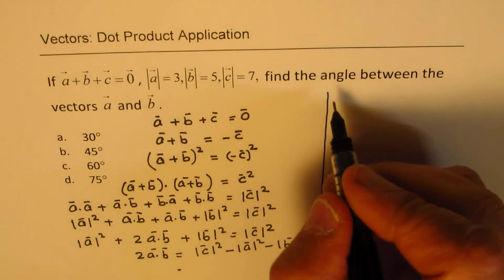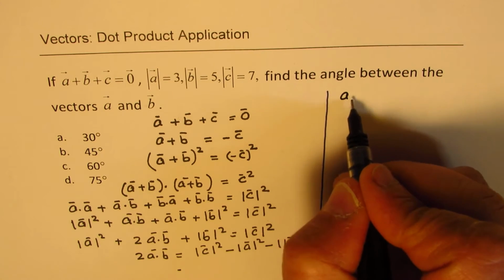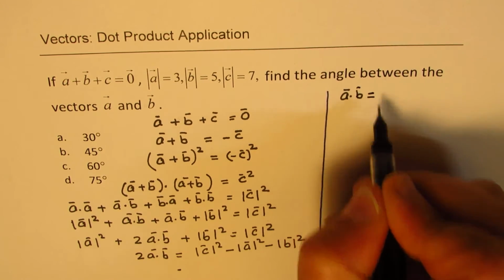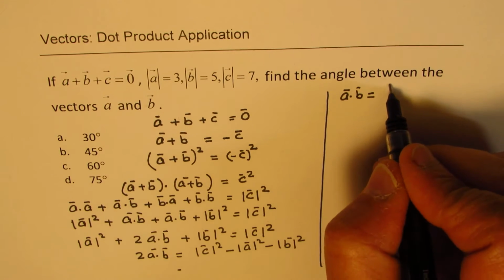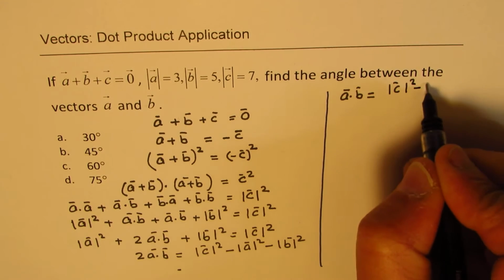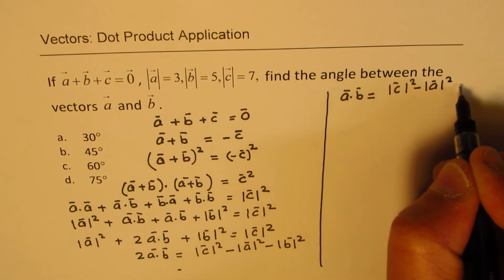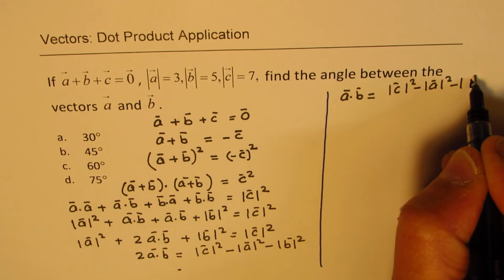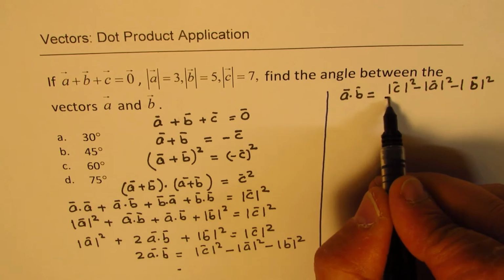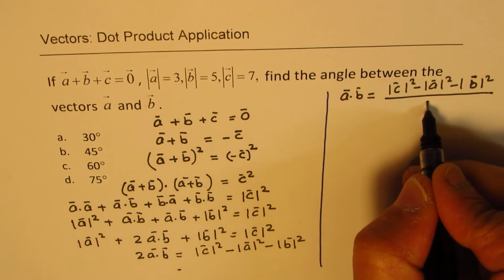We can write that a dot b is basically equal to the magnitude of c square minus the magnitude of a square and the magnitude of b square, divided by 2.